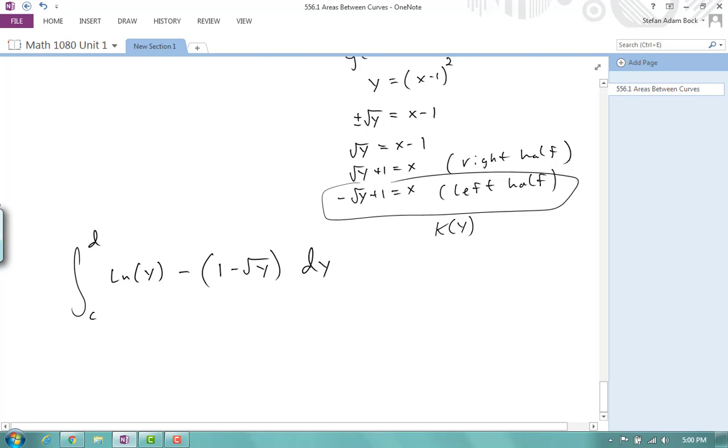If I were to take what I've written here and redraw this, I would end up with kind of a flipped sideways version of my original picture if I did everything in terms of functions of x.